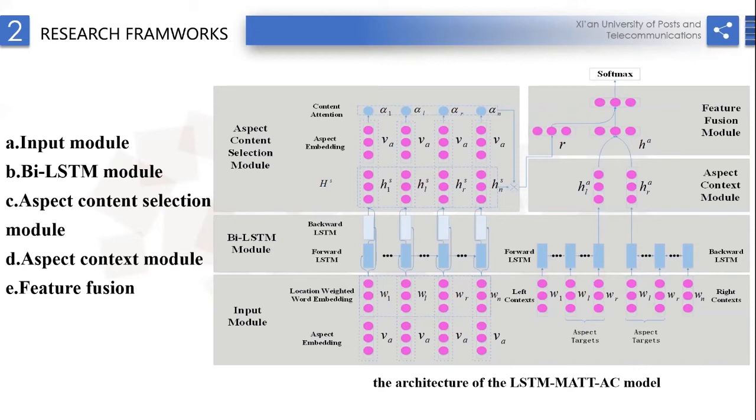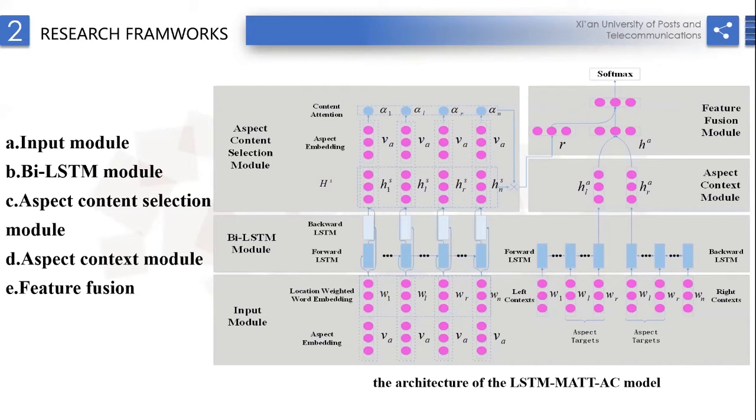The context content selection module mainly ensures that the hidden state is multiplied by the content attention distribution to achieve the feature embedding, which is highly relevant to the aspect target.